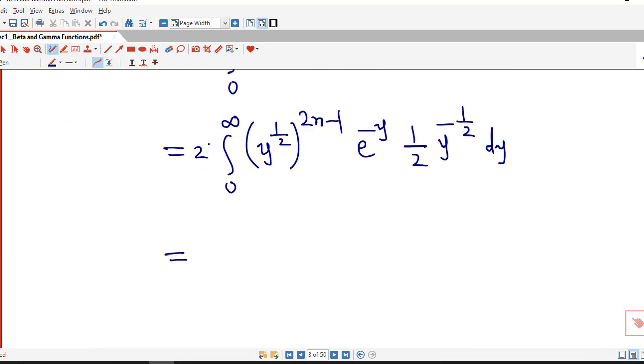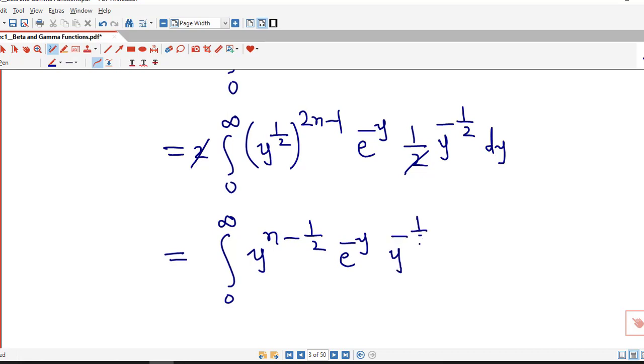Now we can see this 2 will cancel out with this 2, and this power of y we can rewrite as y raised to 1/2 into 2n, that is n, minus 1/2, times e raised to minus y and y raised to minus 1/2 dy.